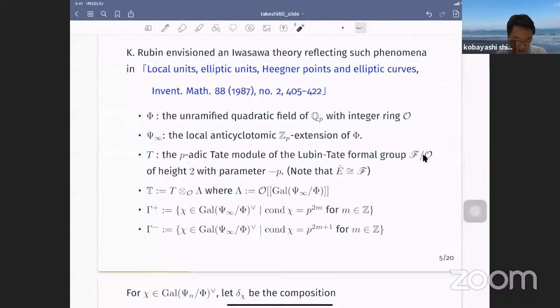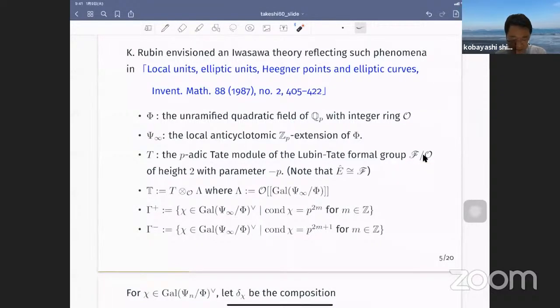And let T be the Tate module actually of E, but I want to state Rubin's conjecture purely locally. So we fix the Rubin-Tate formal group F over O of height 2 with parameter -p.